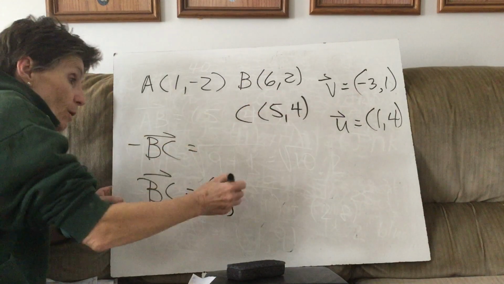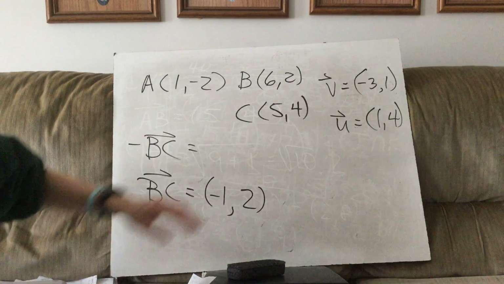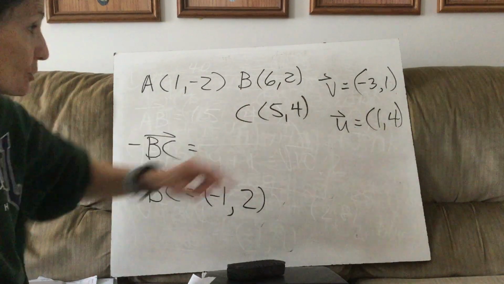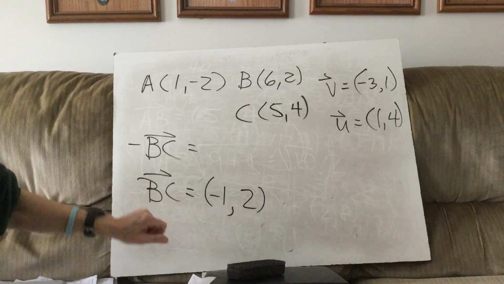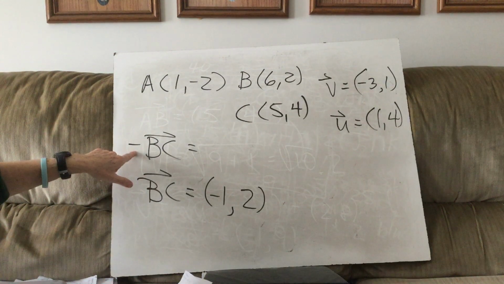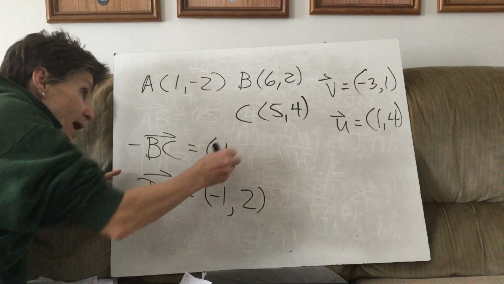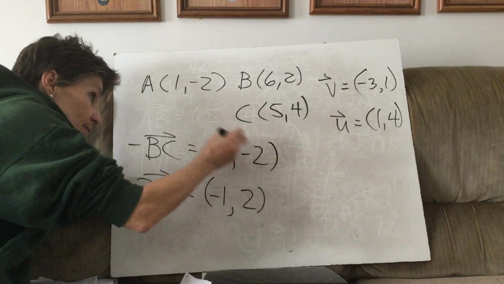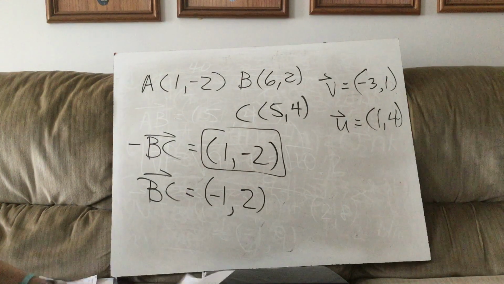And from 2 to 4 is 2. So there are the coordinates of the vector from B to C. Remember, starting, stopping. All right, now we need the opposite of that. So the opposite of this would be positive 1, negative 2. And there's the answer to that question.